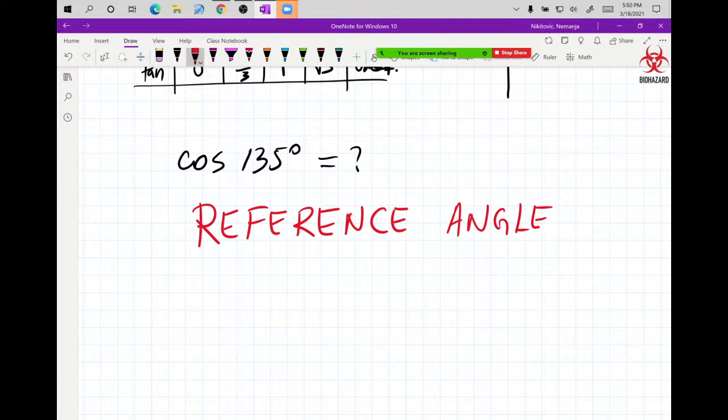The reference angle is going to be something that will save your life for these calculations. Yeah, I know you can punch this thing in a calculator and get the decimals. Sure, but let's see if we can use brain instead of the calculator.